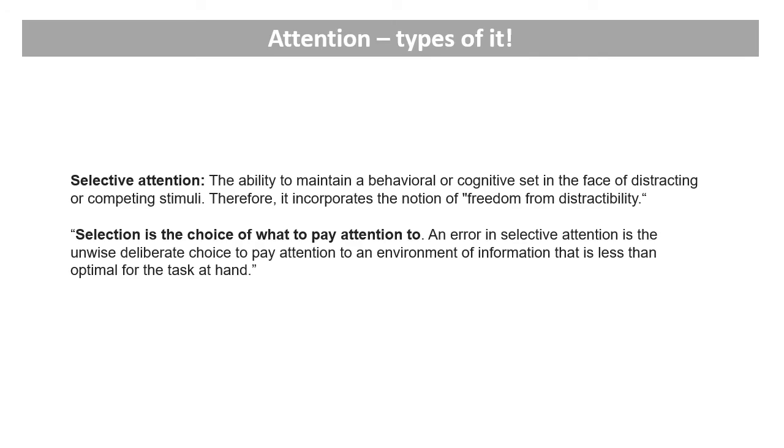And there is also selective attention, where selective attention basically means that you are selectively attending to a particular stimulus present in the environment, and you are ignoring all other possible stimuli.